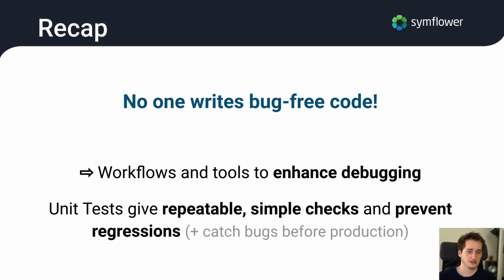And we have seen that unit tests give us a repeatable source of checking quickly if the assumptions we have on the program still hold, and if everything still works as expected, and if the bug is still present or fixed, it's easy to run them again and again. And we have also seen that they can help us in case we break something that already worked, and they of course are helpful to catch bugs before they hit production. And through Symflower we don't even have to write them manually anymore, but we can just generate them.